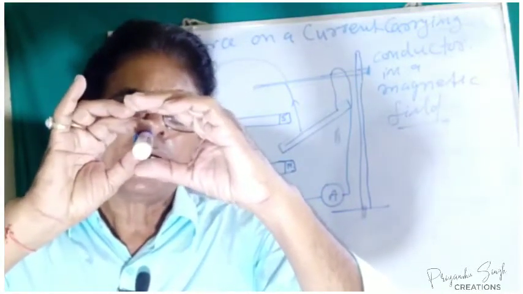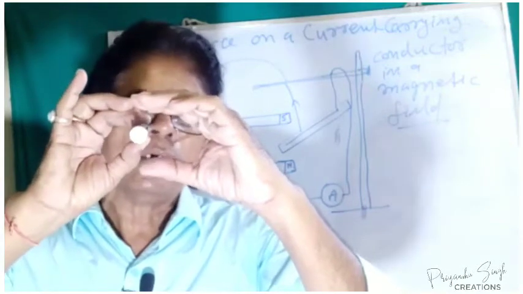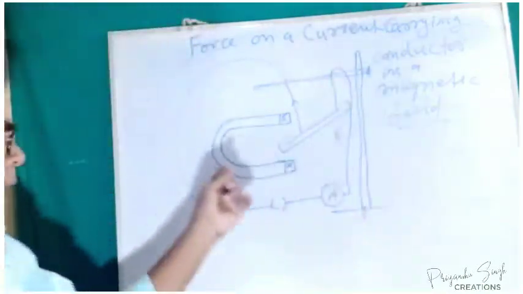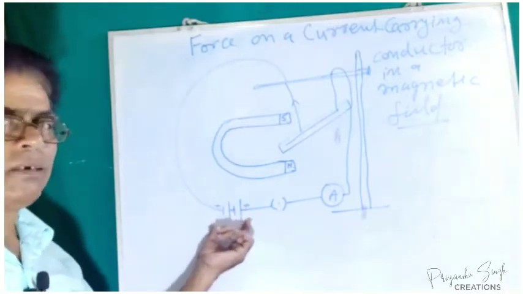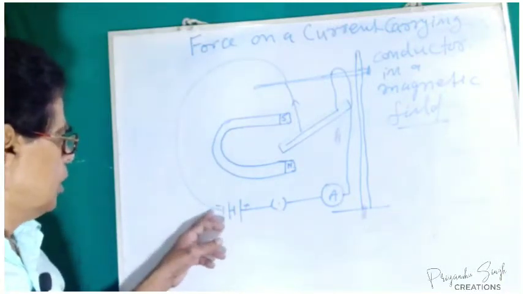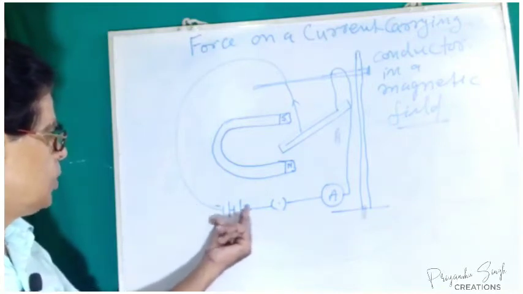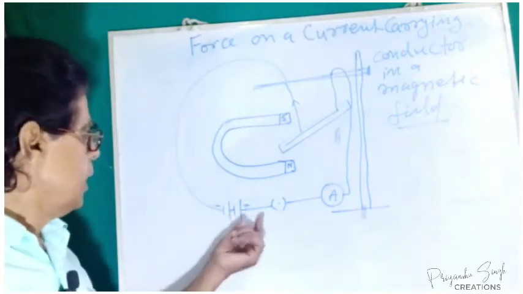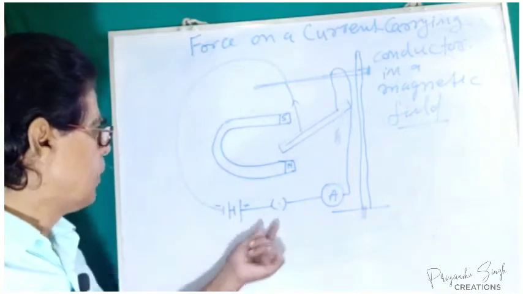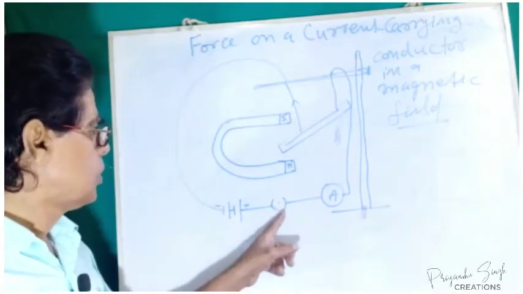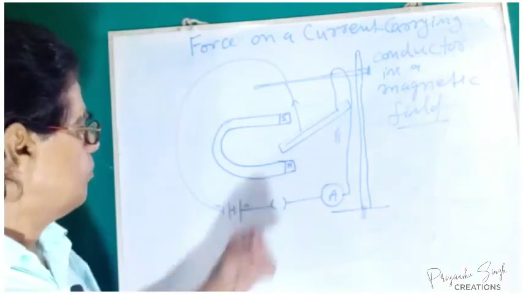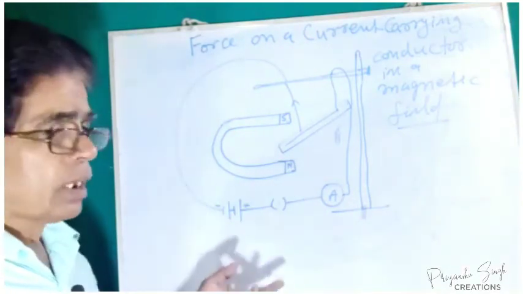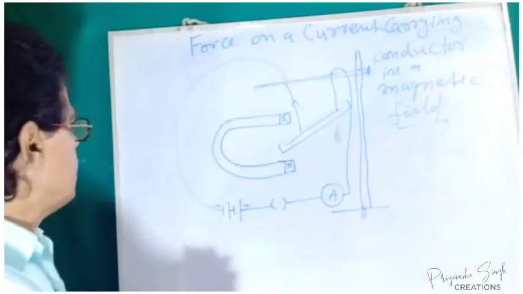The two ends of this wire are connected to the two ends of the battery, that is the negative and positive terminals of the battery, and the circuit is completed by using a key plug and an ammeter, so that we can measure the current with the help of the ammeter.